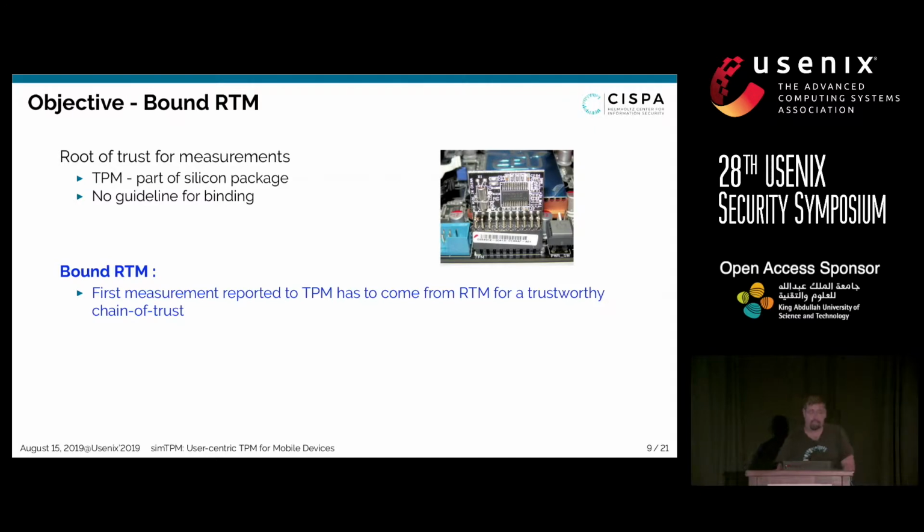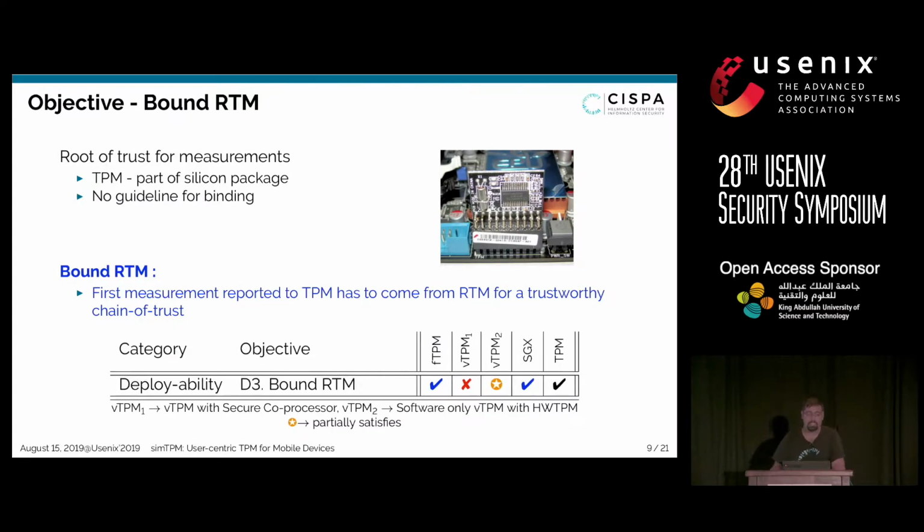So we define bound RTM as: the first measurement reported to the TPM has to come from the RTM for a trustworthy chain of trust. Now, in today's implementations this property is kind of a God-given property, just because the TPM and RTM are both part of the silicon, and the TCG provides no guideline to define how this objective can be achieved in real-life devices.